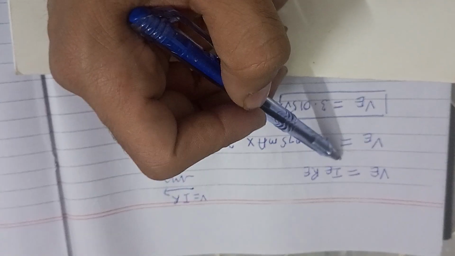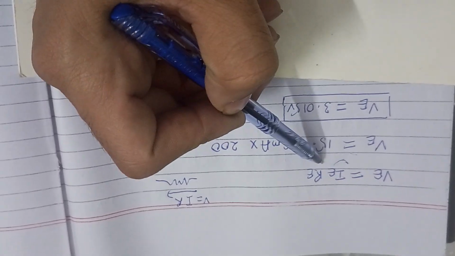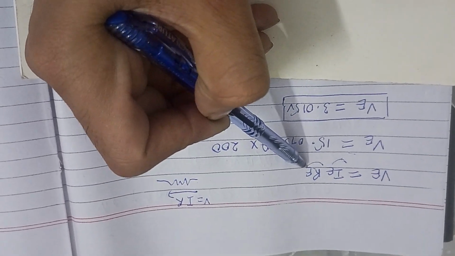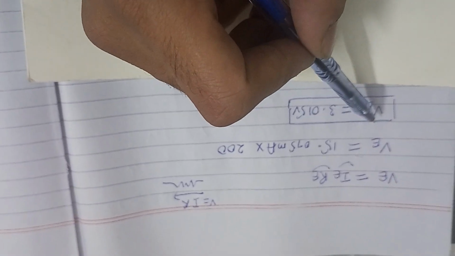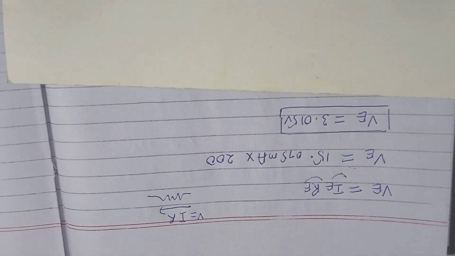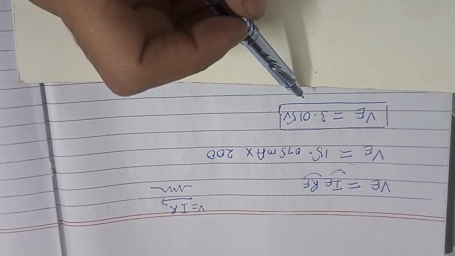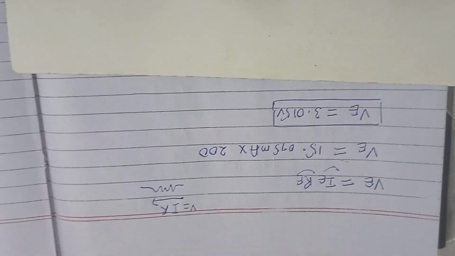We know the emitter current and the resistor, so we can calculate the emitter voltage, which turns out to be 3.01 volts.